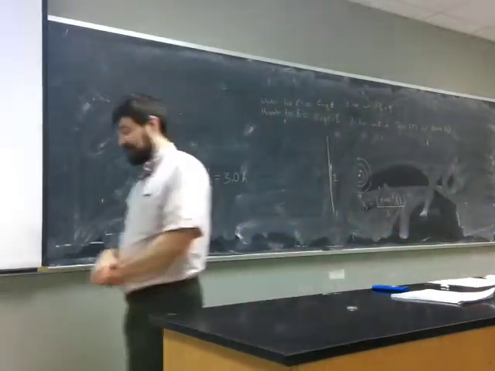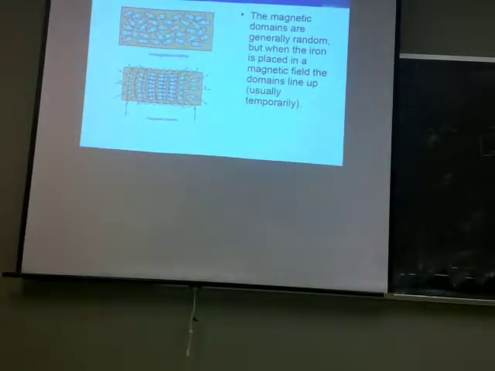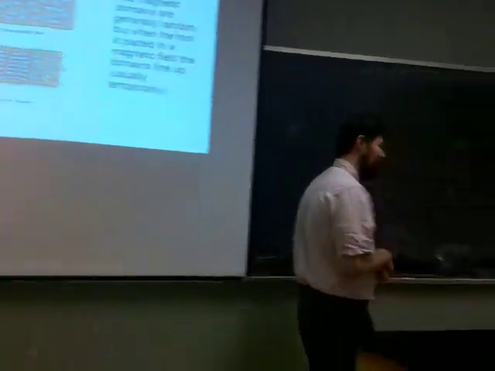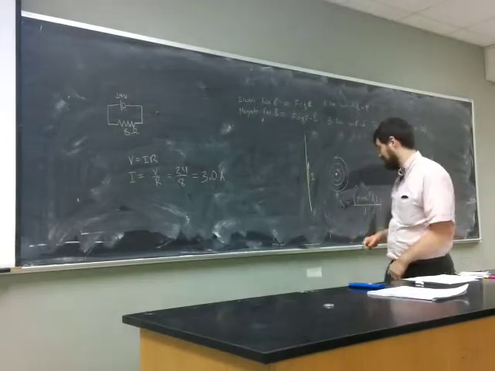So how far away from a wire do you have to be before a compass will deflect due to the wire more than due to the Earth's magnetic field? Well, it depends upon how much current the wire carries. Maybe you have a wire that carries 1 amp of current.